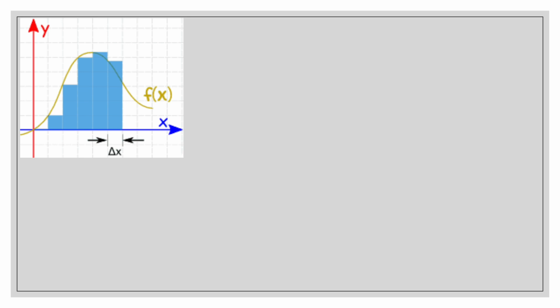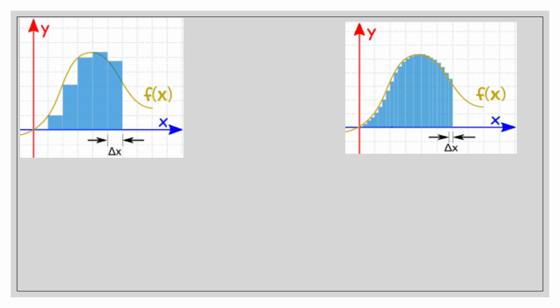When I reduce the width delta x, you get the next image. You can observe that in the first image, the leftover space between the curve and the rectangles is more. Whereas if I reduce the width delta x, the number of rectangles will increase.